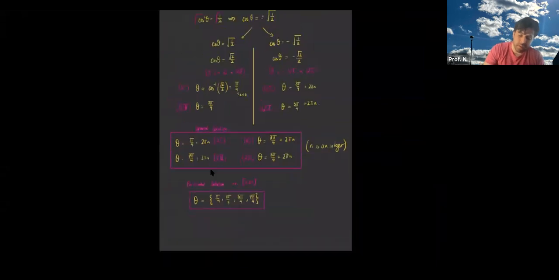All right. So now we're going to raise up the level of difficulty when we deal with problems like this one. Now we have a much more sophisticated trig equation: 3 sine squared theta minus 7 sine theta plus 2 equals 0.